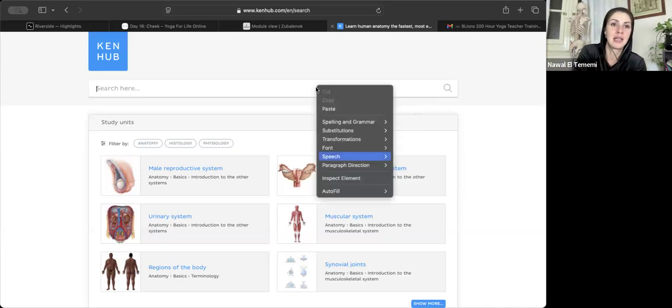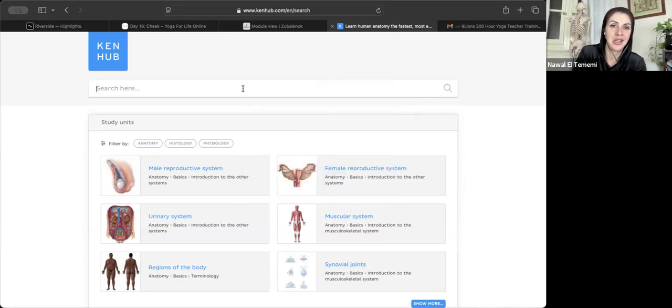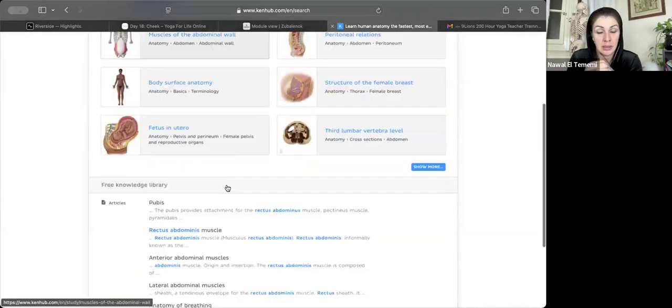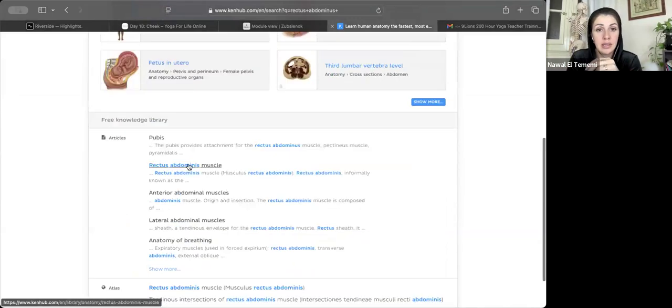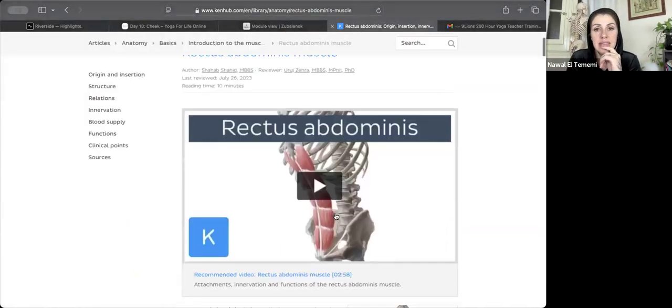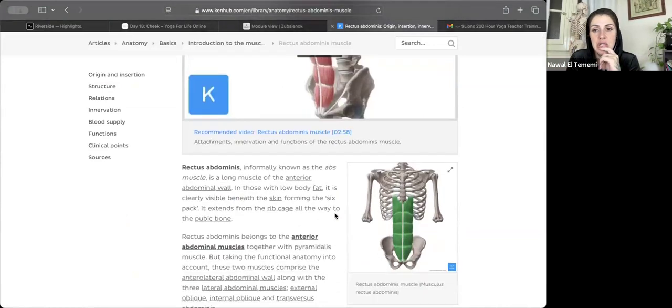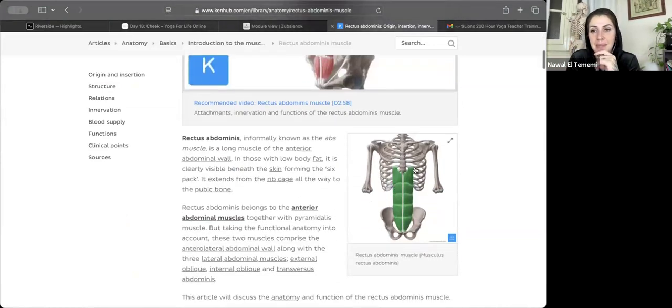Rectus abdominis. Whoopsie, that's your abs, your six pack. See this shape. Rectus abdominis connects to the bottom of the sternum and then down into the pubic symphysis.